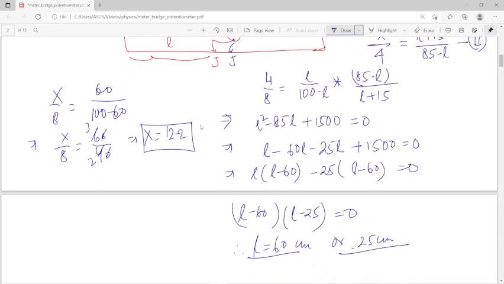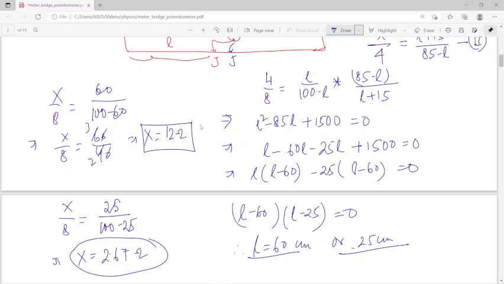And if we put X by 8 is equal to 25 by 100 minus 25, that will come out to something like 2.67. So depending on the options you can select this.